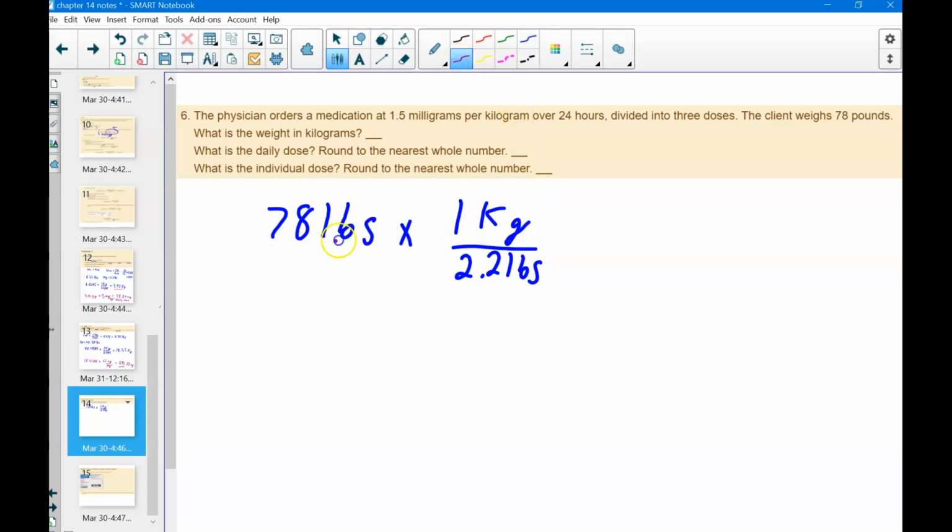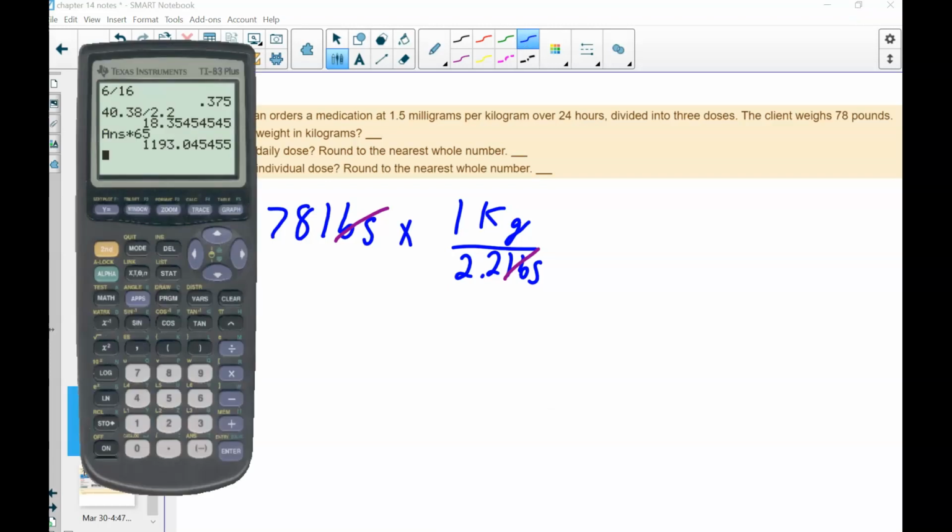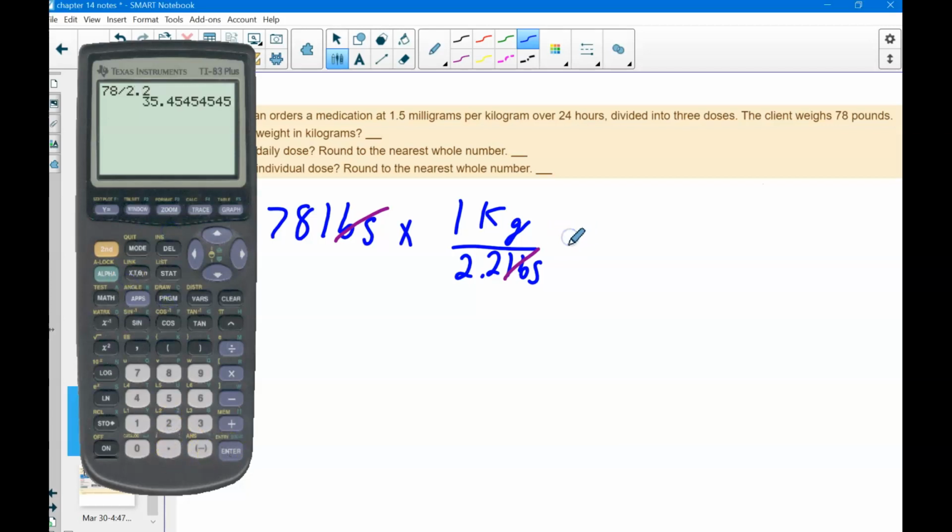We'll see the pounds cancel. Once again, I'm dividing 78 divided by 2.2 equals 35.45 kg.